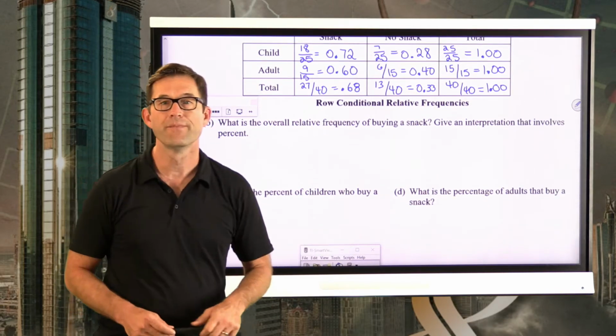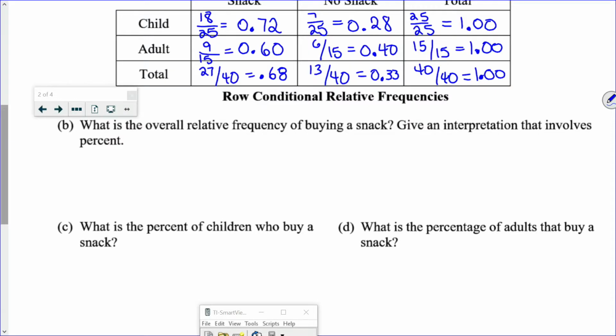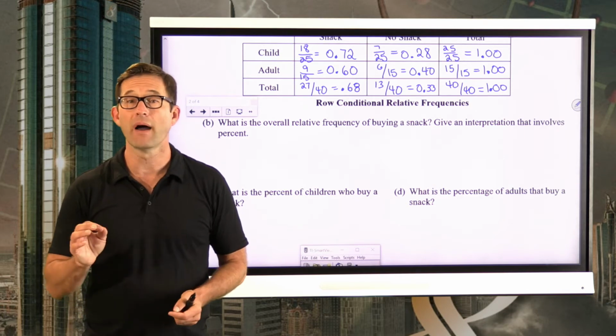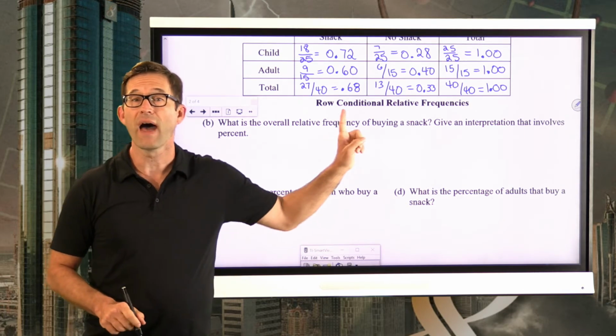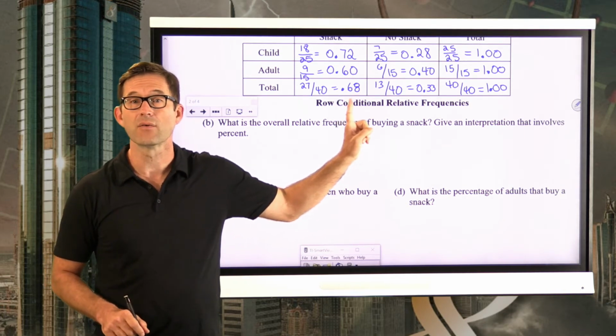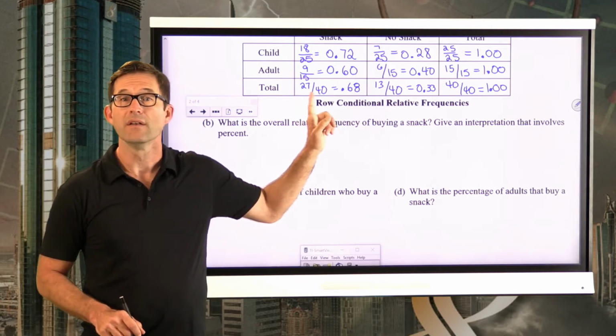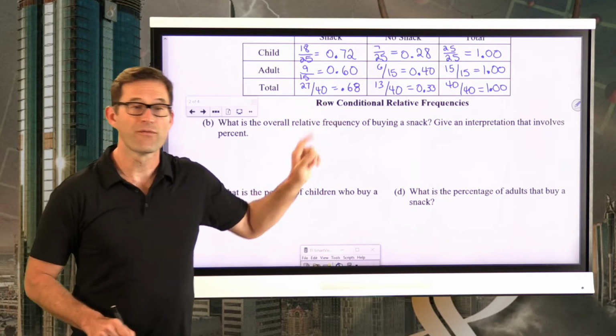Letter B. What is the overall relative frequency of buying a snack? Give an interpretation that involves percent. All right, so what was the overall frequency of buying a snack? Well, that was 0.68, right? The total number of people who bought a snack, 27, divided by the total number of people, 40.